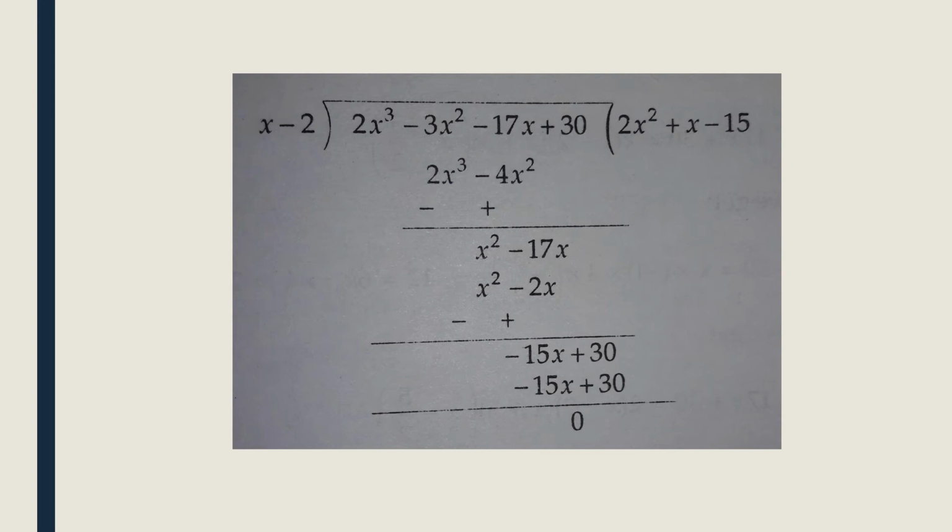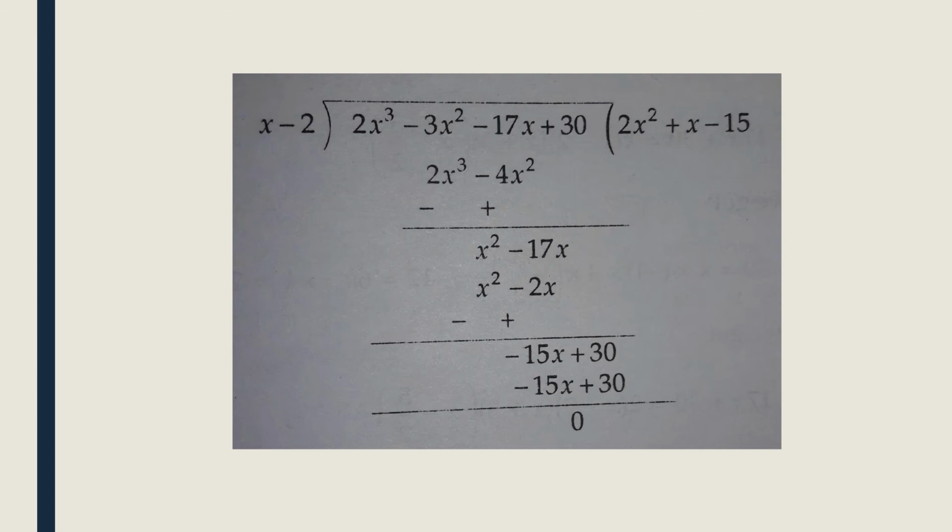Bring 30 down, which becomes negative 15x plus 30. On division, negative 15x by x, the quotient is negative 15. Multiplying negative 15 with x minus 2, we have negative 15x plus 30. On subtraction, the remainder becomes 0.